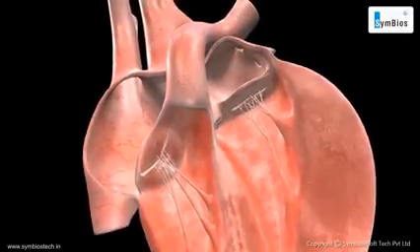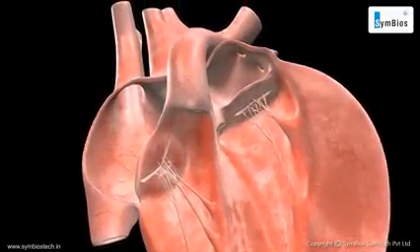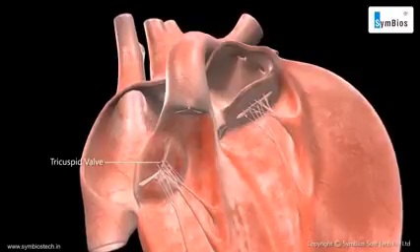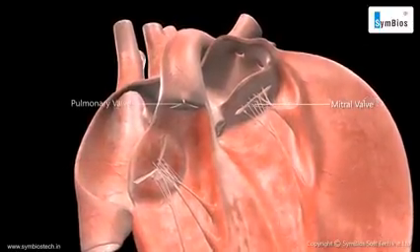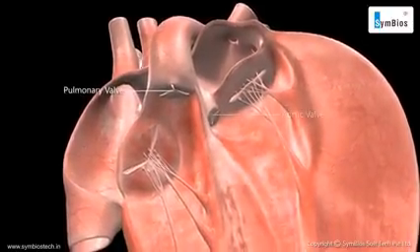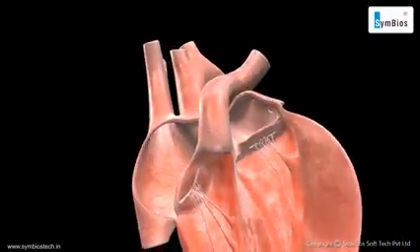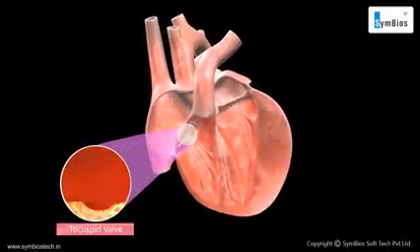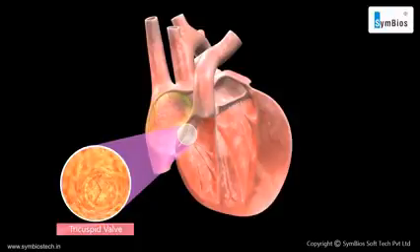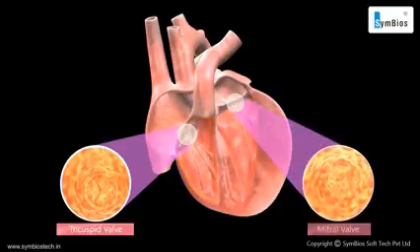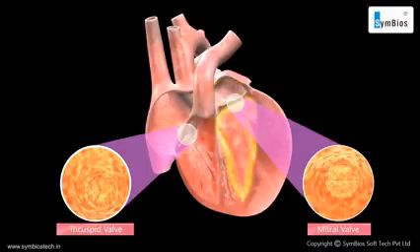There are 4 valves within the heart: the tricuspid valve, mitral valve, pulmonary valve, and the aortic valve. The tricuspid valve guards the opening between the right atrium and the right ventricle, and the bicuspid or mitral valve guards the opening between the left atrium and the left ventricle.